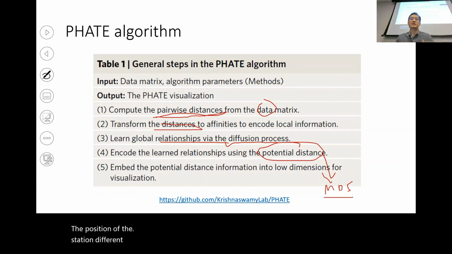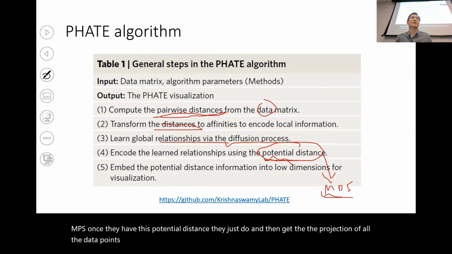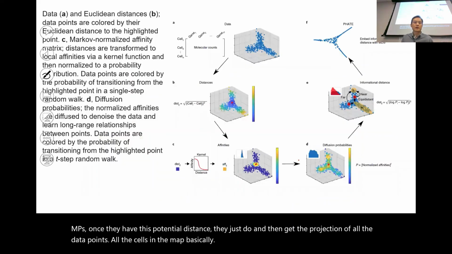For example, you know the distance between cities. So here they just use MDS. Once they have this potential distance, they just do MDS and get the projection of all the data points, all the cells in the map, basically. Okay, that's from their paper.